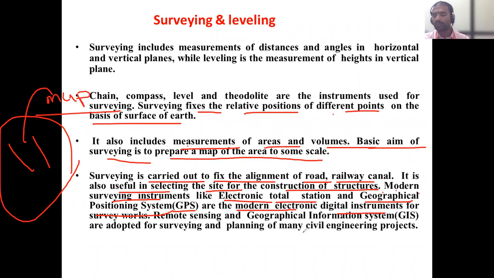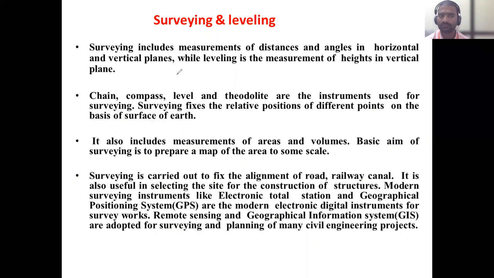Okay, आपके पास जो रिमोट वगैरह रहता है ना, that remote is a modern electronic digital instrument. Remote sensing and geographical information system GIS are adopted for surveying planning of many civil engineering projects. So just you should know what is surveying. Okay, the surveying definition should know.